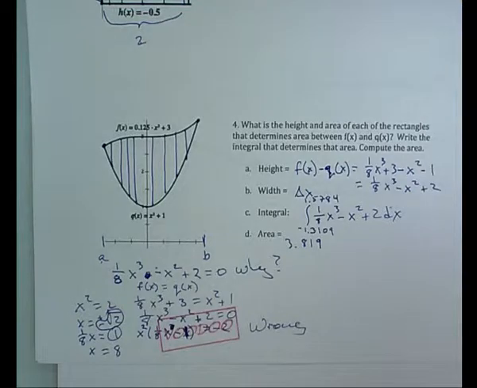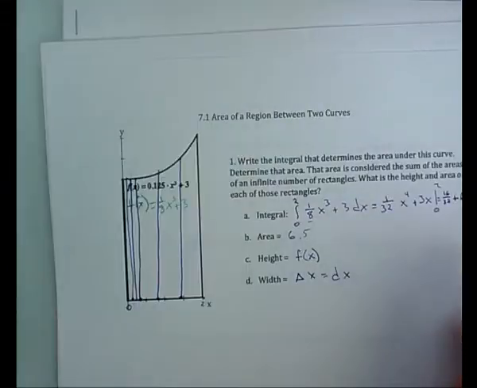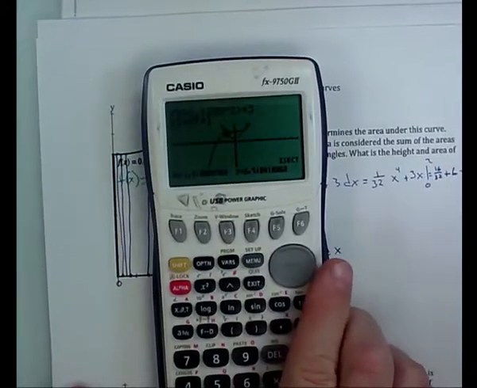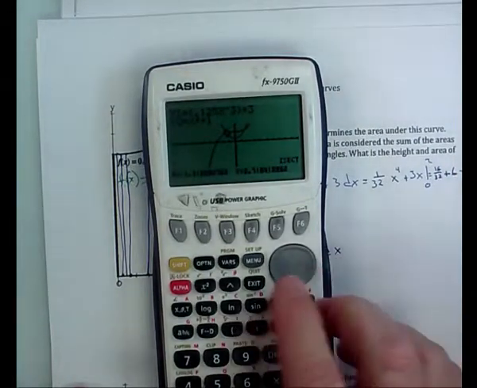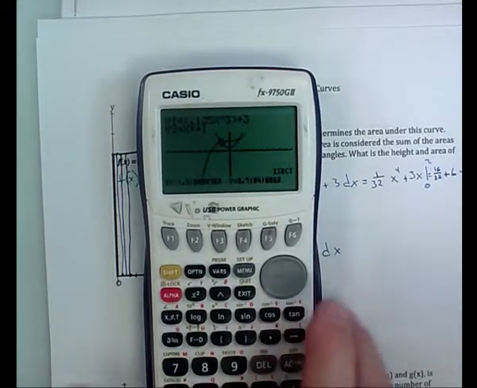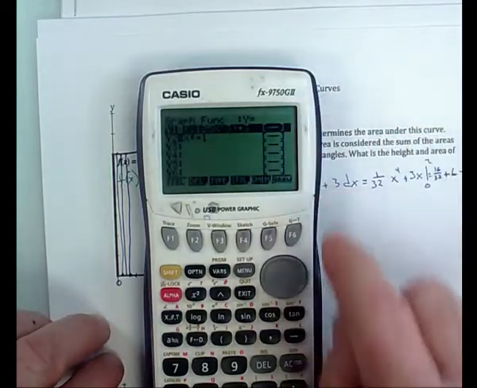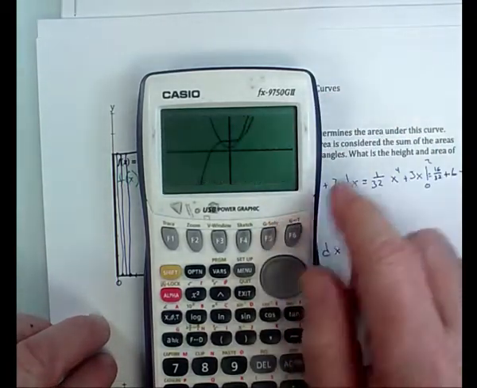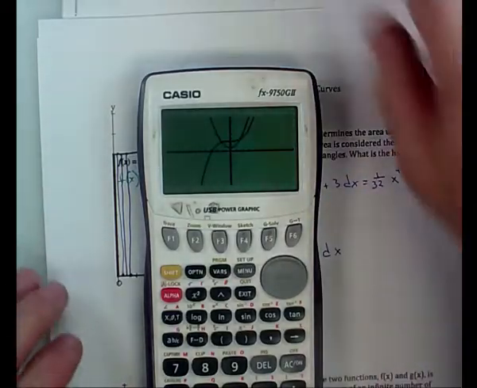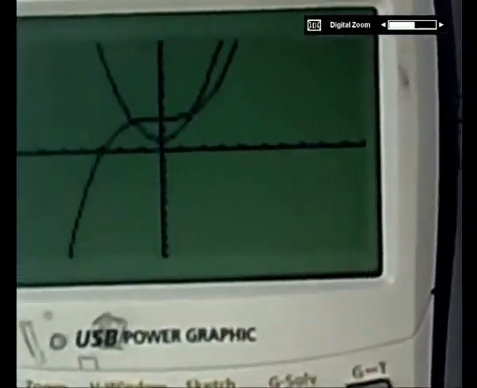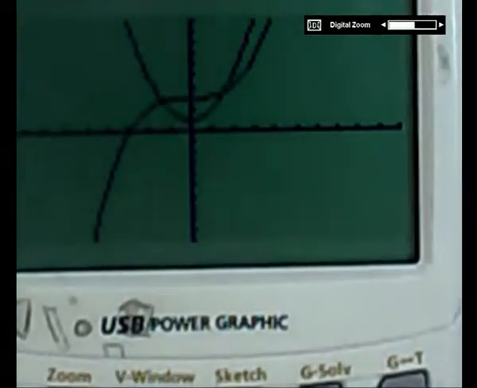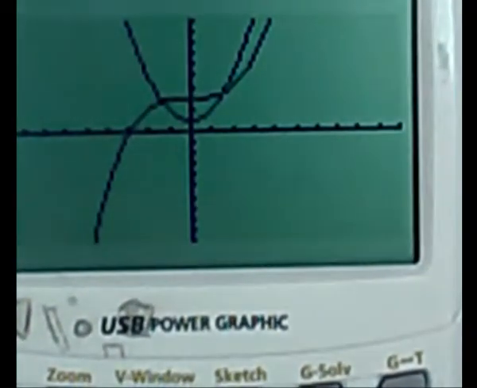Casio people will figure it out. Who's got a Casio? Bring your Casio up here. This is what I think you can do. You can't see this? No, it's real dark. Is that better? So I think you can go to GSolve.